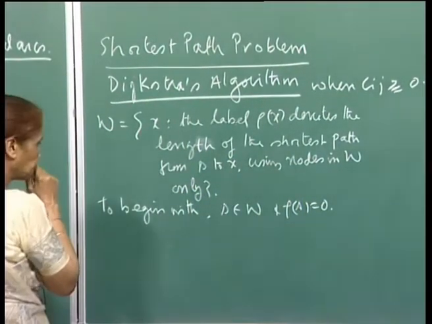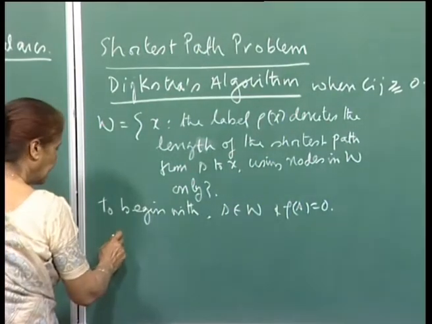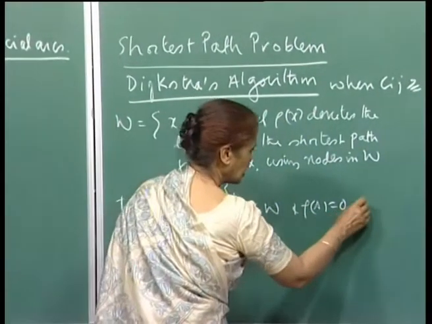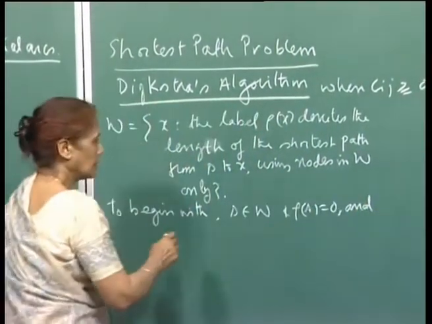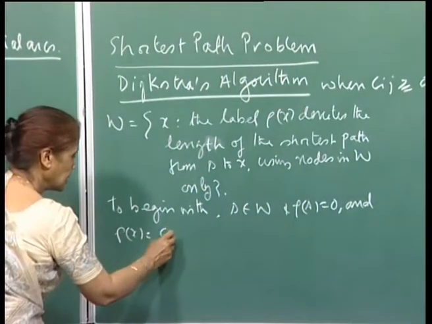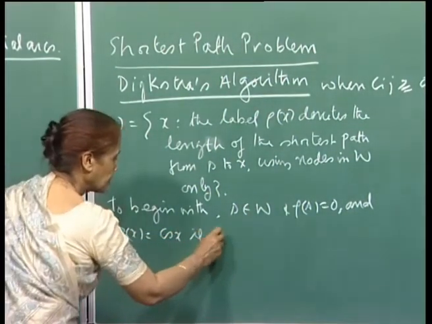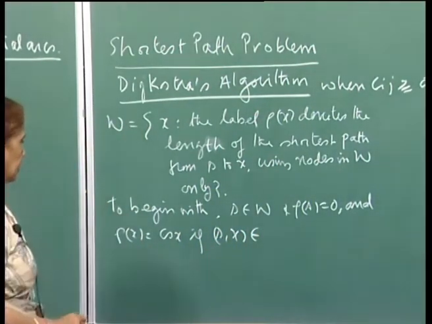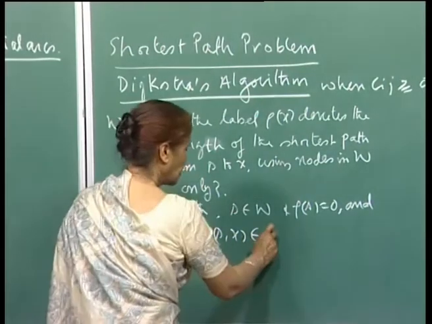Then, to begin with, rho X is equal to CSX if SX belongs to your arc set.